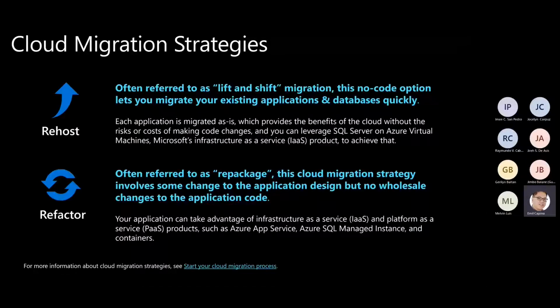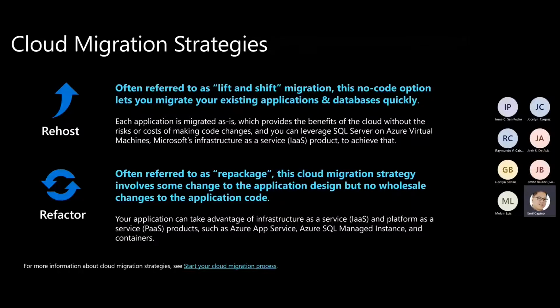Whatever application and database that you are using on premise, with this migration strategy, we completely migrate your application stack into the cloud. To do this, you can leverage the Azure virtual machines to migrate your application stack. And if your application is running on top of SQL Server on premise, you can use SQL Server on Azure virtual machine to rehost your application. So that is the most common cloud migration strategy that is called lift and shift.